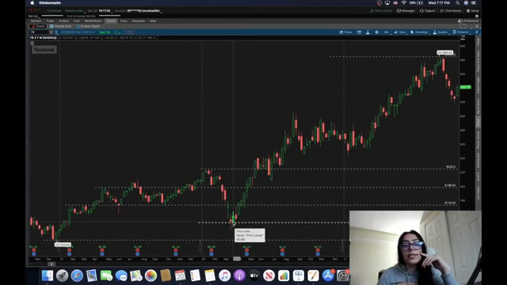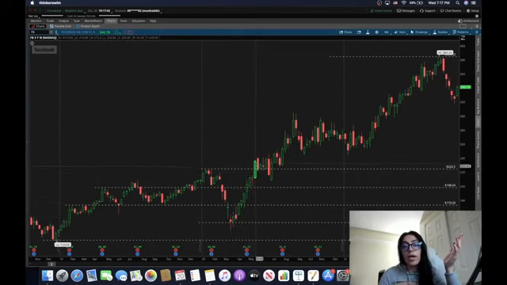So once it creates this level of support at 148, it bounces off of 148 and starts a new trend, starts an uptrend. And you can see it breaks out of the previous all-time high resistance, which was 224.50, and creates a new level of resistance right around, I'm going to do 242 on this one.